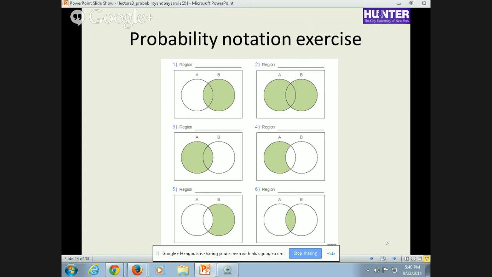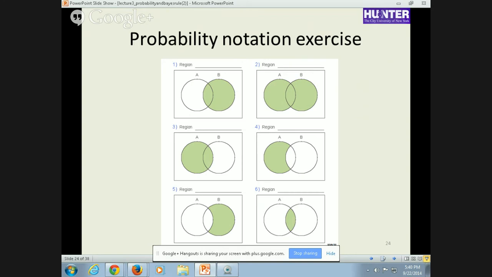Could you write it as like P of B minus P of A intersection? Well, you don't want P of B in it.